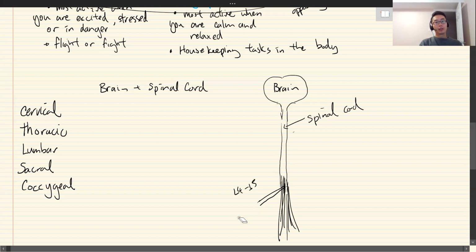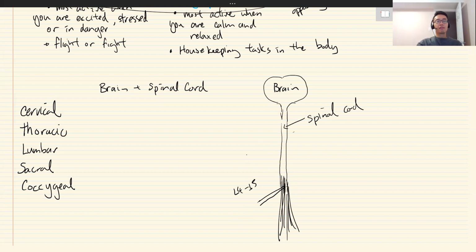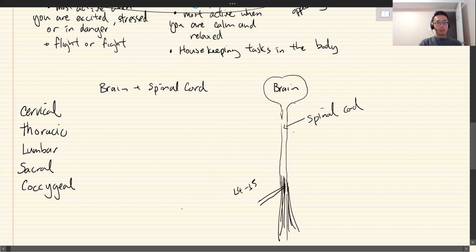Another reason for sticking a needle in here is when a woman is giving birth, she could receive the epidural. Anybody know what an epidural is? Yes, an epidural is basically a numbing agent, kind of like an anesthesia, that you can inject directly into your CSF.